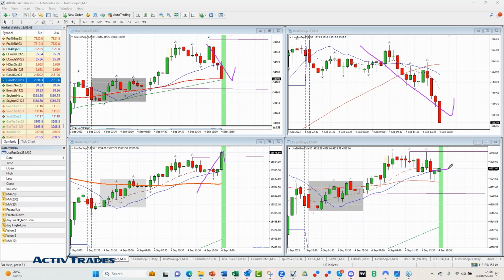The S&P doesn't know what it wants to do at the moment, and so this is why, on the first part of Monday's open session, I normally leave it at least 15 to 20 minutes to allow markets to settle down, to see if there is going to be a correlation in the way they move, because when they're all moving in different directions, invariably that's when I normally sit and wait.